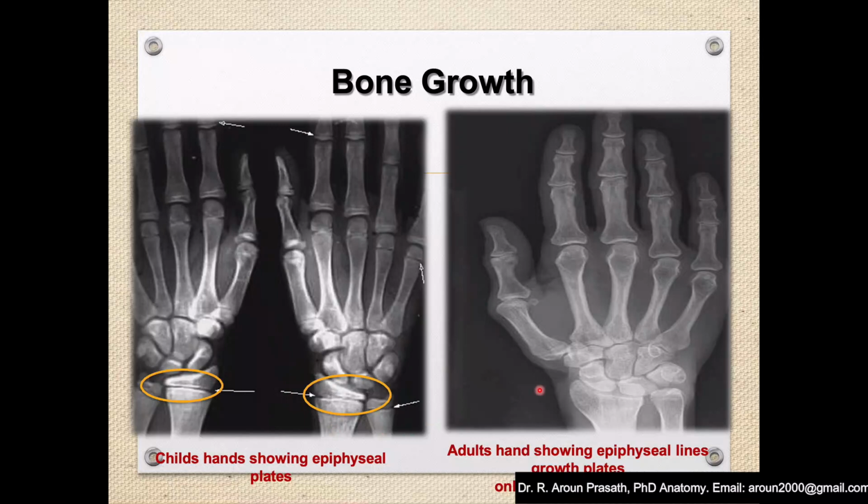When you take the x-ray of a 25-year-old adult, this growth plate disappears, because when bone growth finishes, the growth plate is replaced by bone cells, and the epiphyseal growth plate line disappears. So don't think this is a fracture. Cartilage doesn't have calcium, that is why the line is not visible. This is the cartilage, the epiphyseal growth plate.